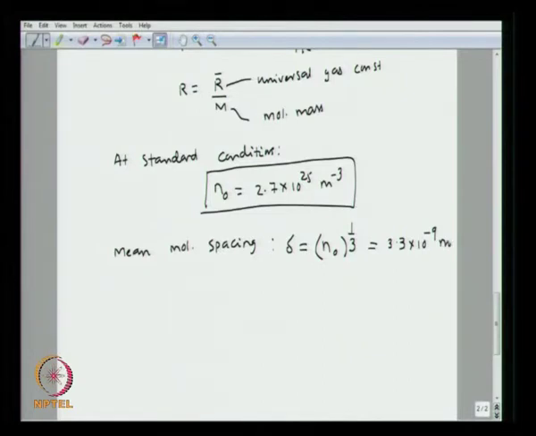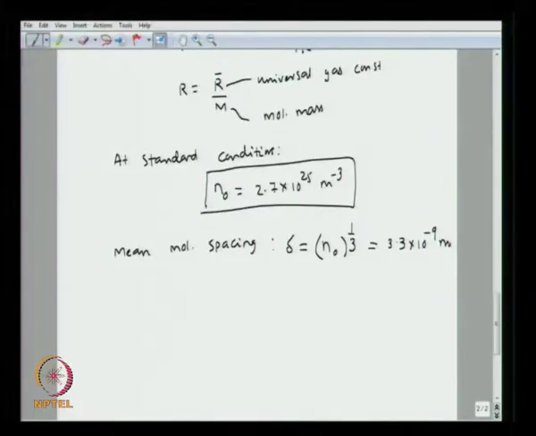So the mean molecular spacing under standard conditions is about 3 nanometer. If we compare the spacing between the molecules with the diameter of the molecule, and the ratio of the diameter to the spacing is very small, then the gas is called a dilute gas.